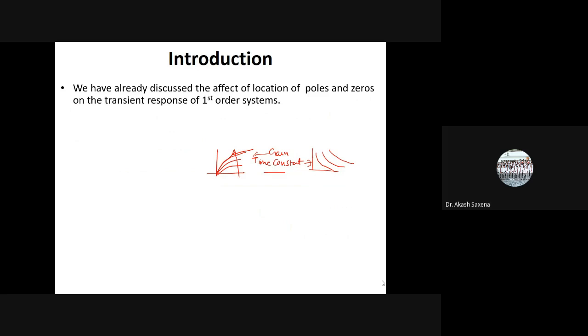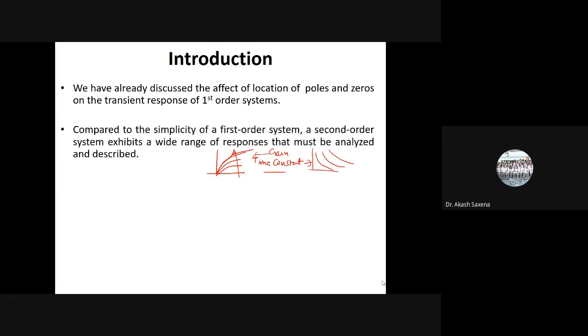So we have already discussed the effect of location of poles and zeros in the previous lecture, where we have seen that the location of the poles and zeros actually changes the response of the system. Compared to the simplicity of the first order system, a second order system exhibits a wide range of responses that should be analyzed and described in a lucid manner.